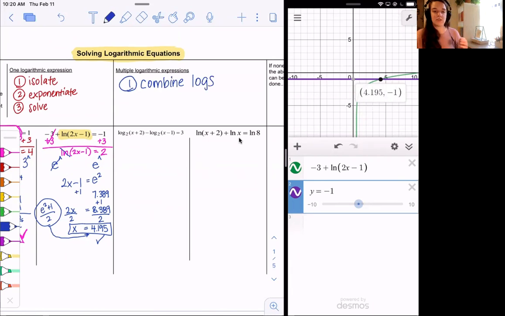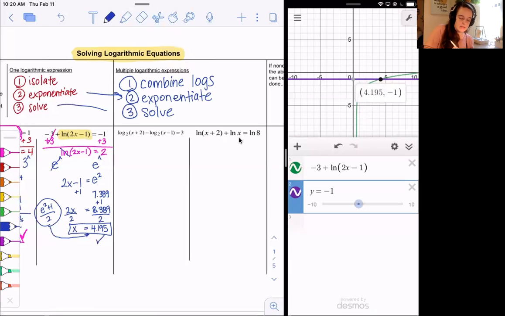So the first step we're going to do is combine them into one log. And then we're going to be able to follow the same steps. Step 2 is still going to be exponentiate. And step 3 is still going to be to solve. So our steps are not really changing too much, just that first step of combining logs.